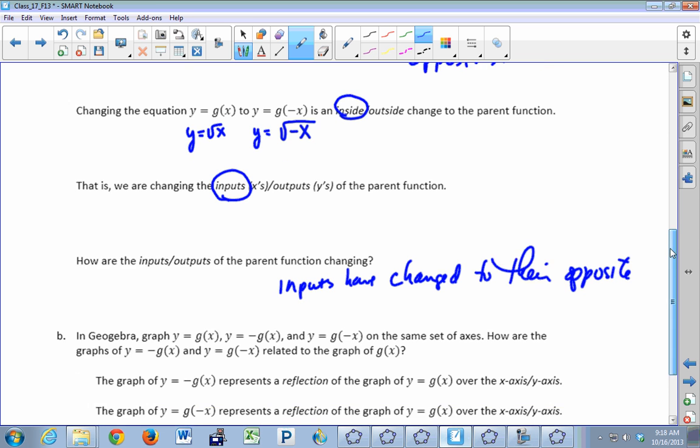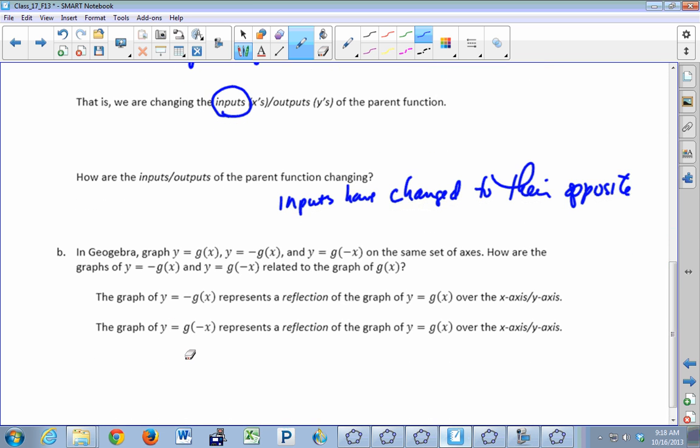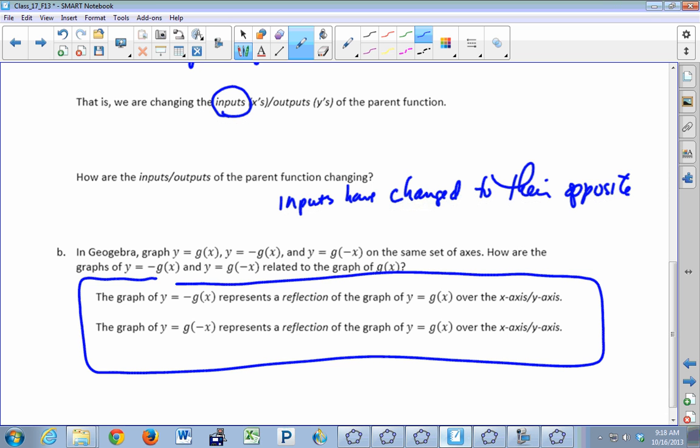Okay, so in general, here's your cheat sheet information right here. The graph of y equals the opposite of g of x represents a reflection of your function over the x-axis. The graph of y equals g of -x represents a reflection over your y-axis.